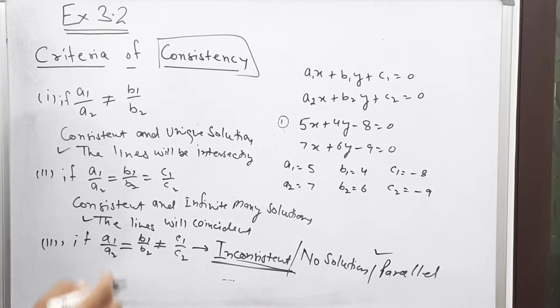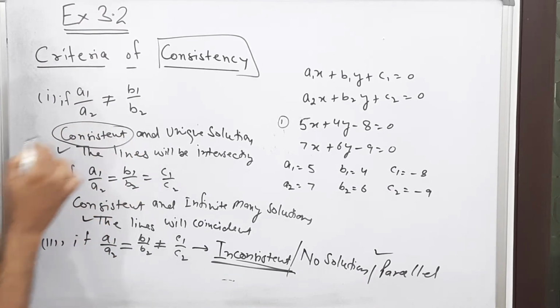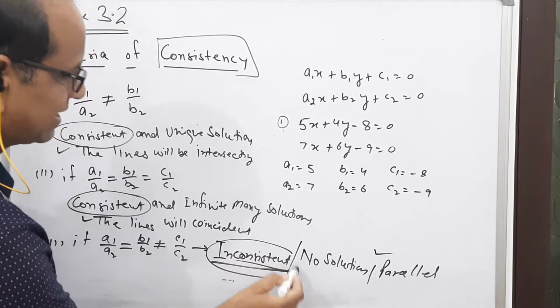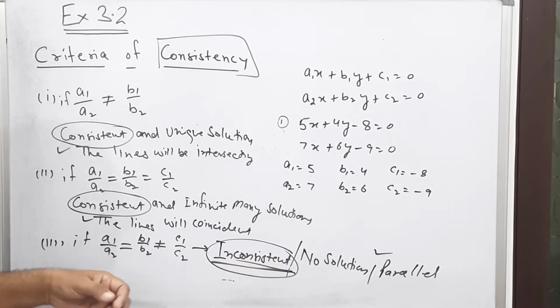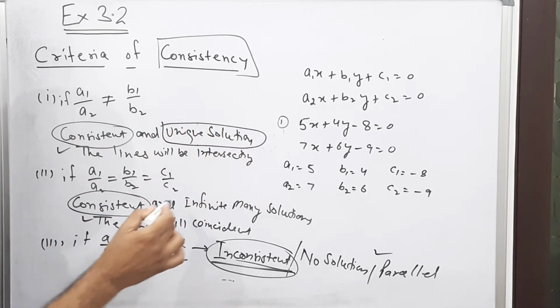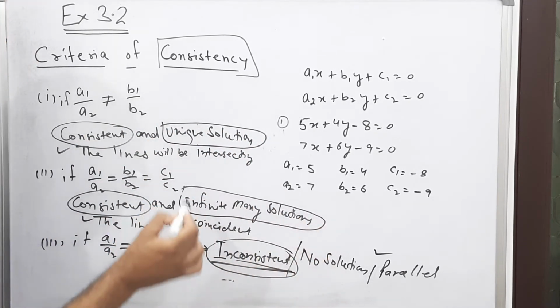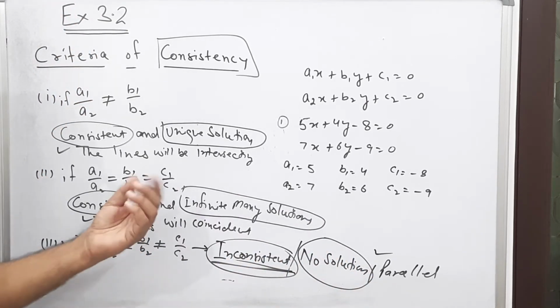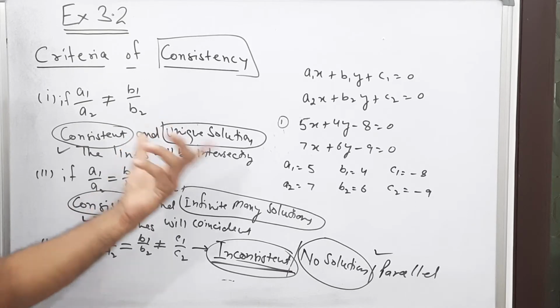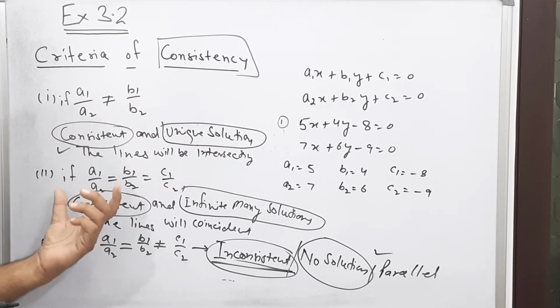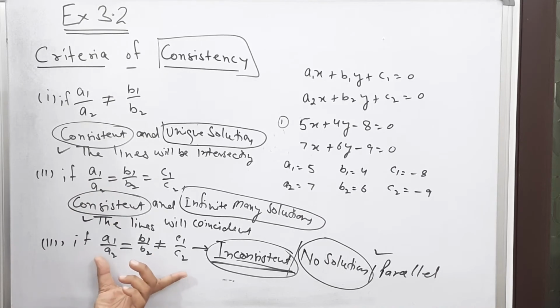Regarding consistency, the first is consistent, the second is consistent, and the third is inconsistent. Regarding the solution, the first has a unique solution, the second has infinitely many solutions, and the third has no solution. If the question arises whether it is unique or not, we say unique; otherwise no solution.